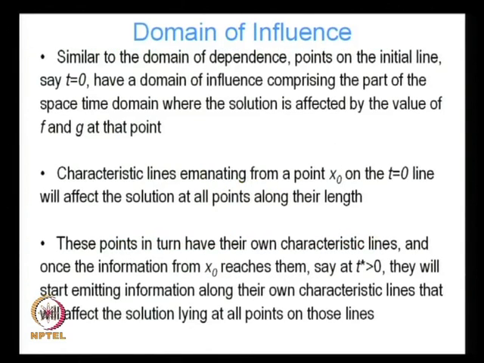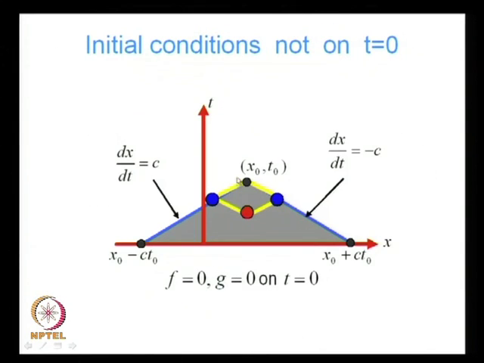For this point x0, t0, this shaded area in gray is the domain of dependence. The solution here depends on things happening within this domain. Disturbances, initial conditions, anything happening within that domain is going to affect the solution at x0, t0.